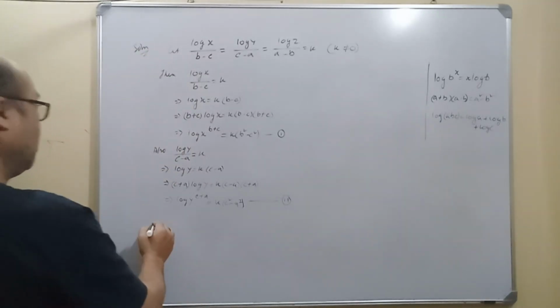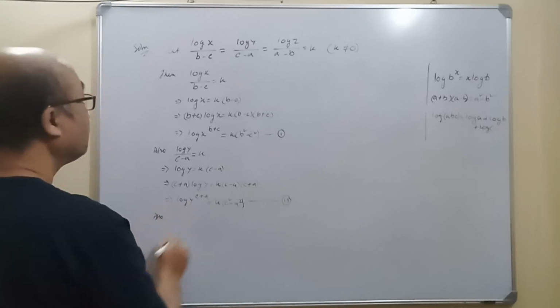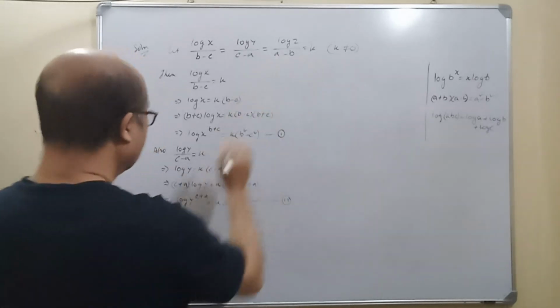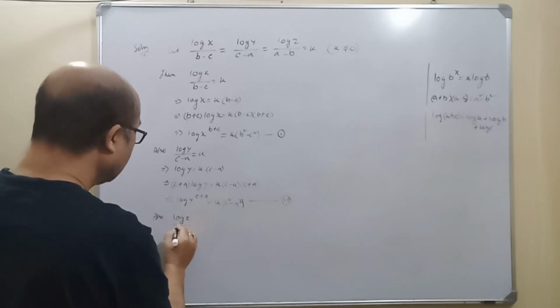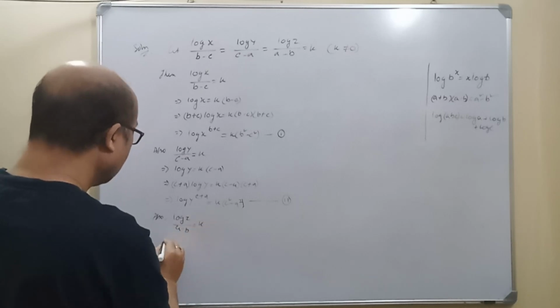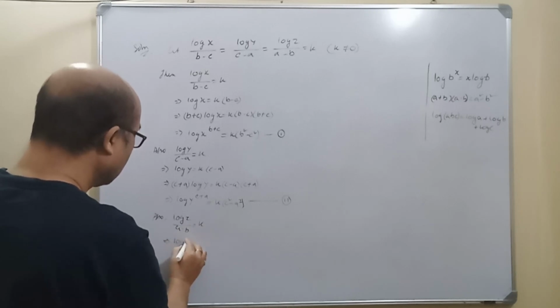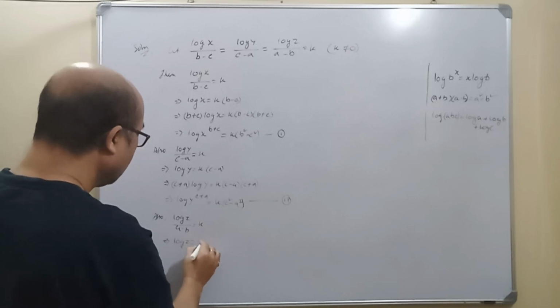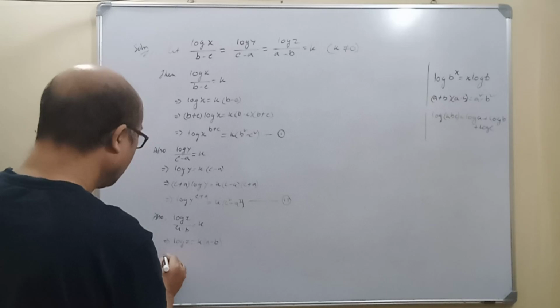And we also have the third equation, log z by a minus b is k, which means log z is equal to k into a minus b.